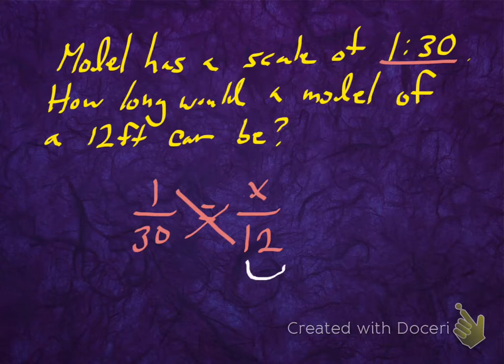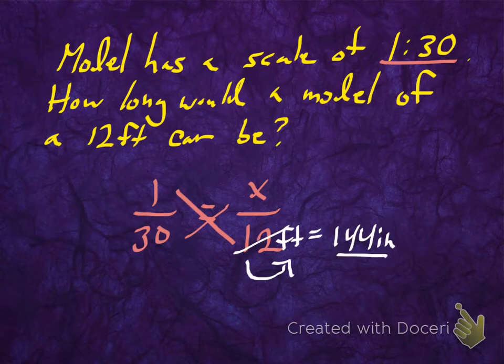So let's convert the 12 feet into inches, because I think that will give us a better answer. 12 feet is the same as 144 inches. So we have 1 over 30 equals x over 144 inches.